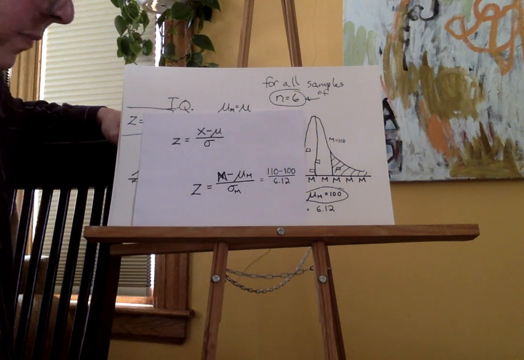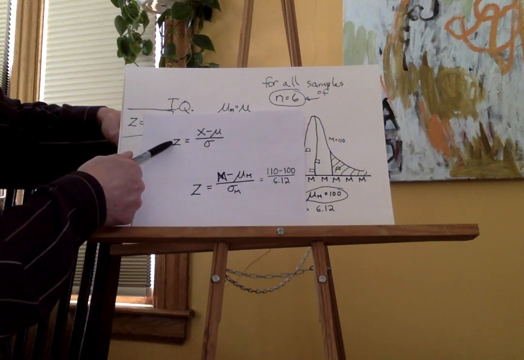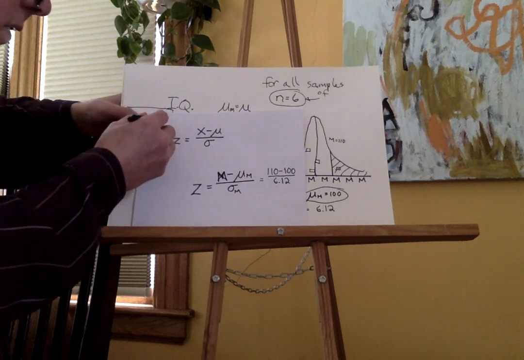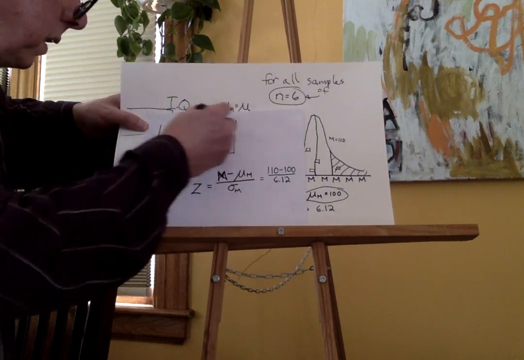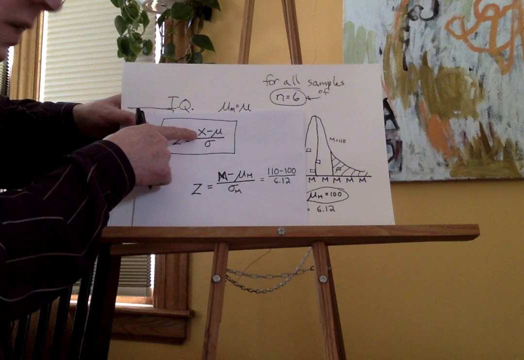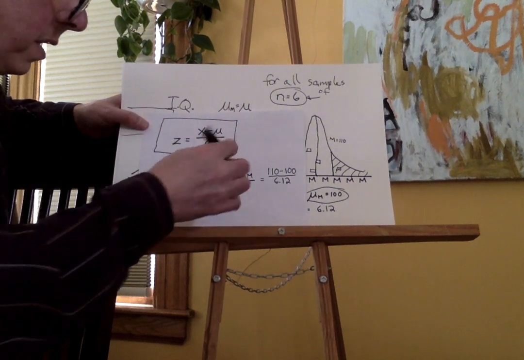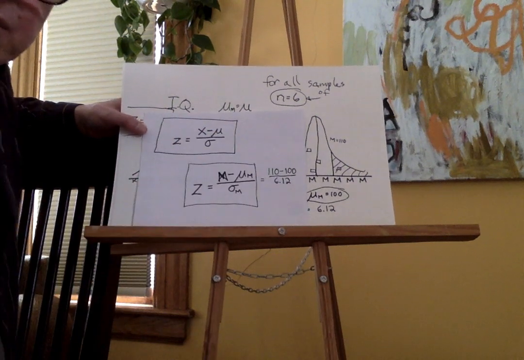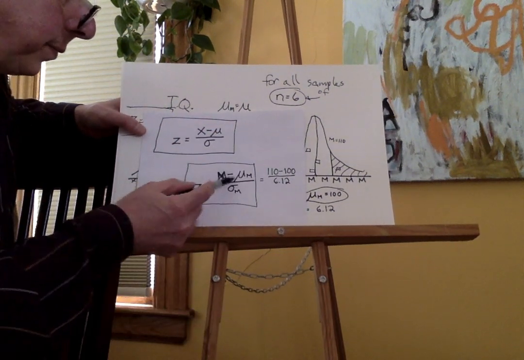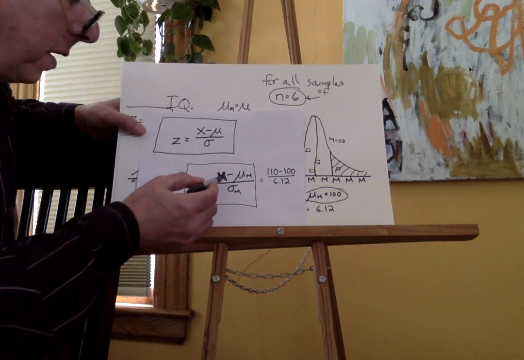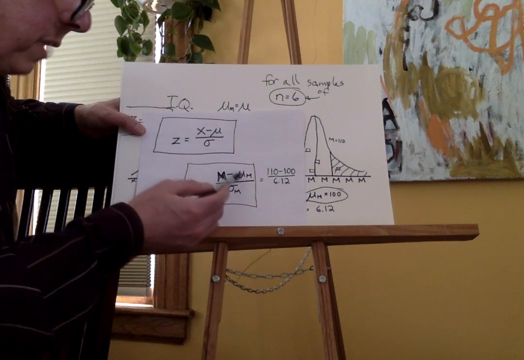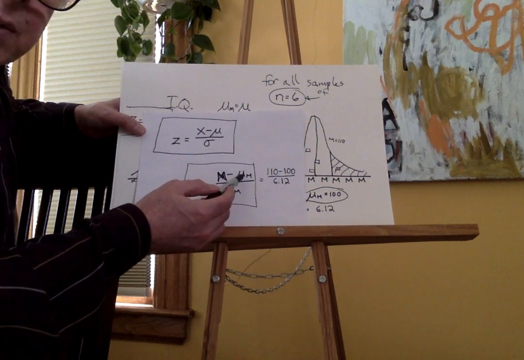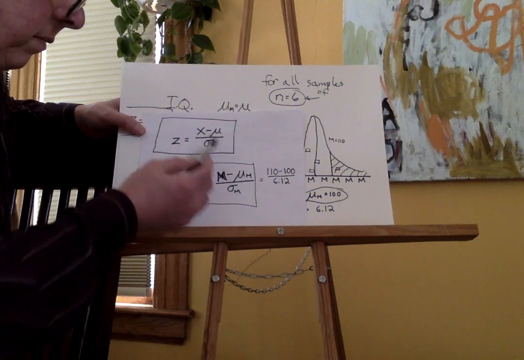Okay? This is a z-score for looking at individuals. You can see that with the x. Okay. This is the z-score formula for samples. Sample mean, that should be an m. Okay. Sample mean compared to the overall mean for all the samples. Analogous, right?